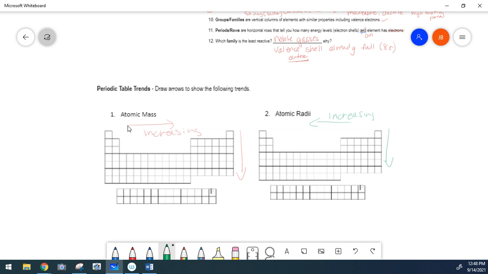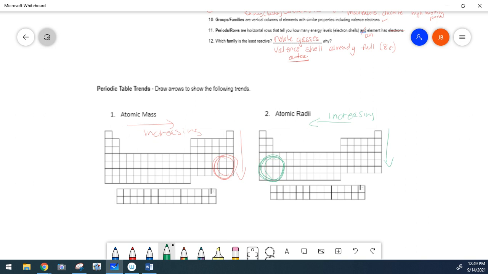So where would the largest atomic masses be? Right here. Where would the biggest atomic radii be? Yeah, because remember, these hold those electrons super tight, right? Really, really tight.